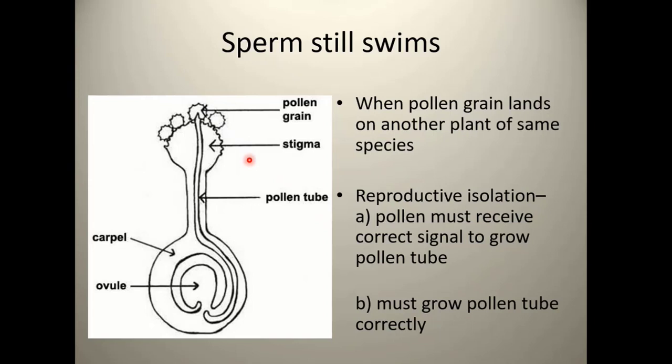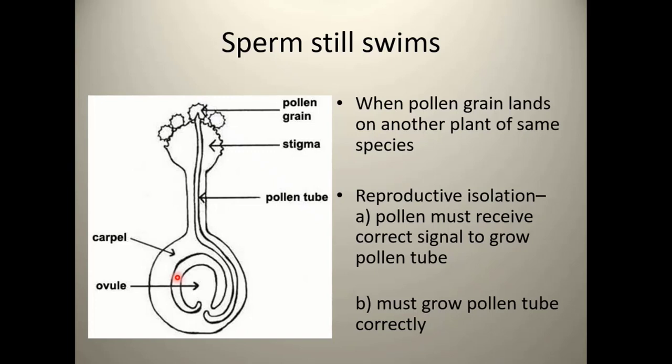These are the main distinctive features. The examiner could say: describe how the sperm swim and how the pollen grains land on other plants, and describe and label the structure, for 8 marks.